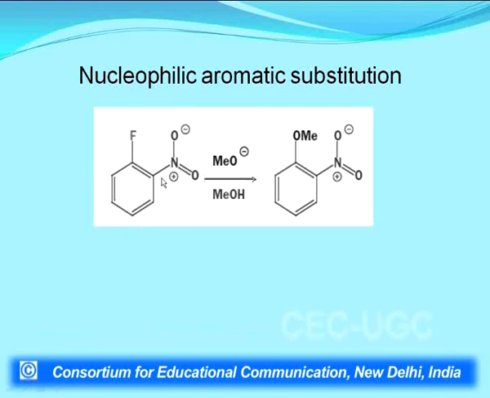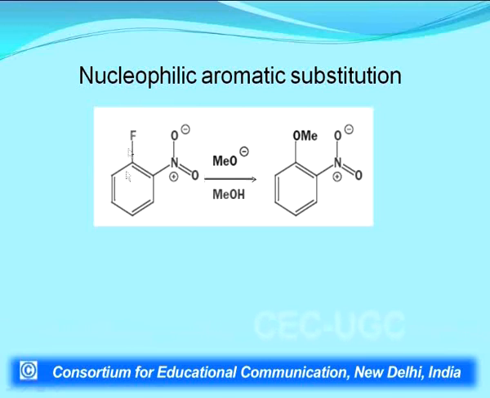A fluorobenzene having nitro group at ortho position on treatment with sodium methoxide, the fluorine is easily displaced. In most of our discussion on aliphatic alkyl halides, we discussed the chlorides, bromides and iodides. Fluorides are not easily displaced because they form a very strong bond. Fluorine is a very small, highly electronegative atom.